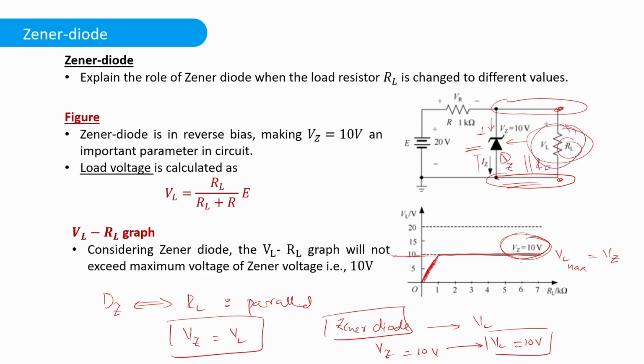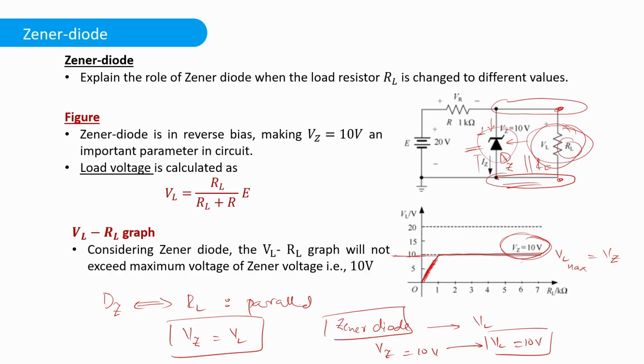For example, we have a threshold voltage of 10 volts for some component. So we can attach or bring the Zener diode in parallel with it with the 10 volts value. And due to this 10 volts value of the Zener diode, the load voltage will never cross that value and it will be protected.